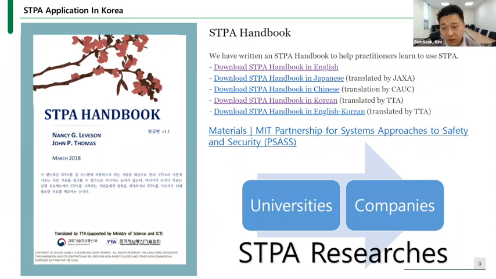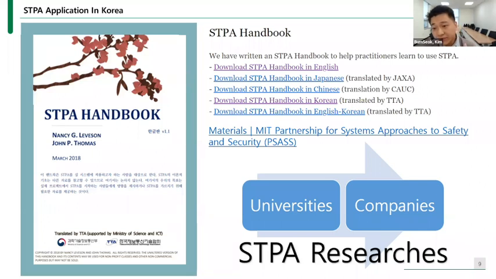Now, I'm going to take a look at STPA application in Korea. The STPA handbook was translated by TTA in 2018. Also, TTA released a risk management guide with STPA in 2019, and it has been downloaded over 5,000 times.